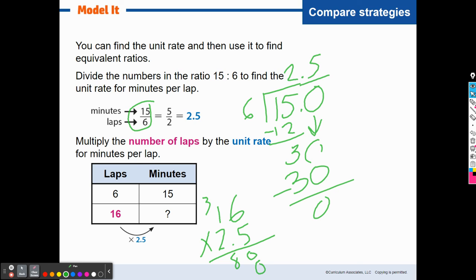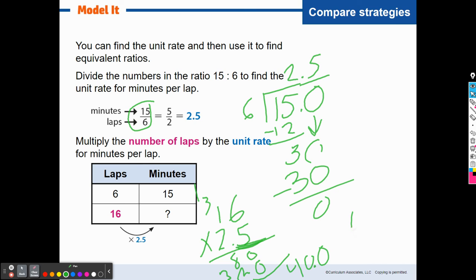Add a 0. 2 times 6 is 12, so 2. Regroup your 1. 2 times 1 is 2, plus the 1 that you regrouped. 2 plus 1 is 3. All right, add this together. You get 400, right? But we've got a decimal place value. So we put a decimal point there.